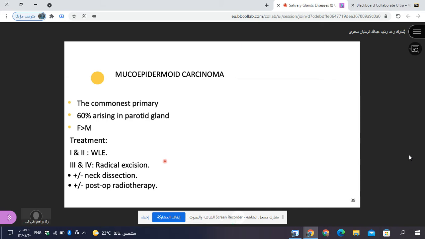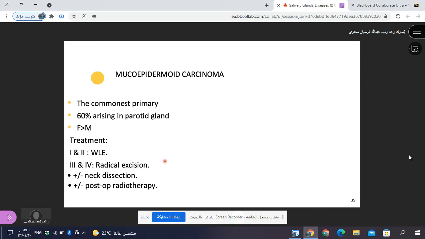Okay, now let's move to the malignant tumor. The malignant tumor, mucoepidermoid carcinoma, is the commonest malignant tumor. 60% arise from the parotid. Adult women are more affected, and usually most of the patients have a history of previous therapeutic radiation.